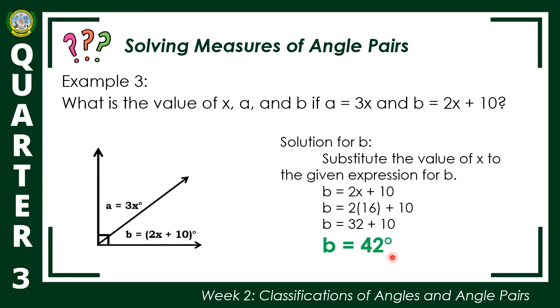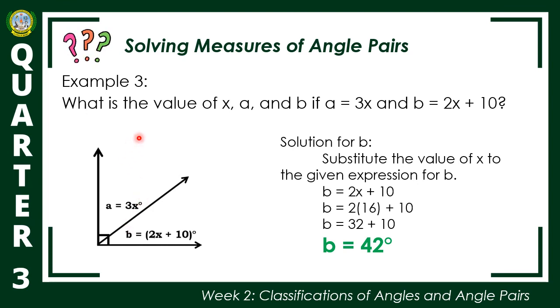Okay? Take note, ang nakuha nating value ng A ay 48, at ang nakuha nating value ng B ay 42. Pag pinagsama natin yon, 48 plus 42, the answer is 90 degrees. So, that means tama po yung sagot na na-obtain natin kasi complementary nga yung lumabas na sagot.